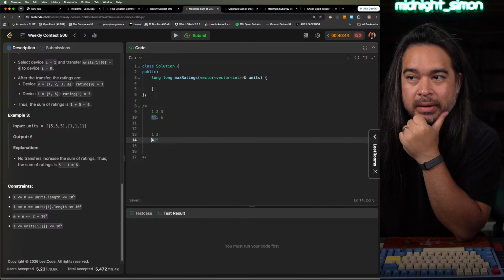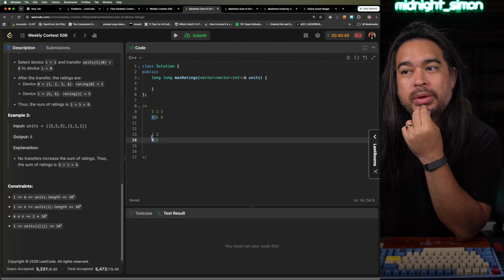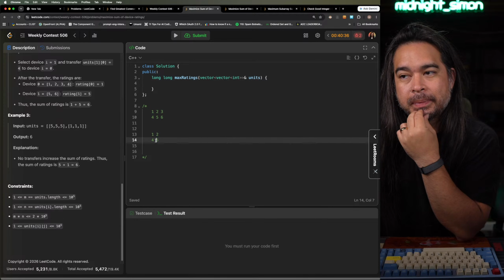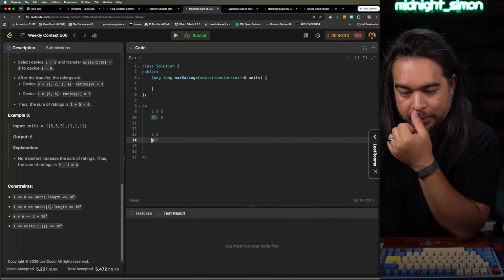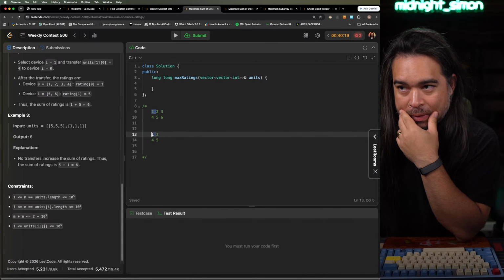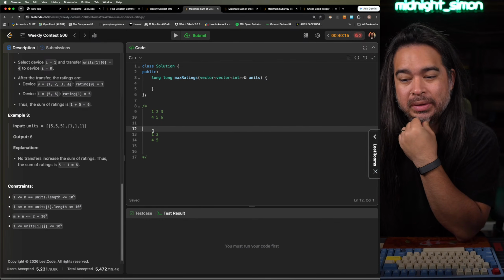It's like we only remove something if the next lowest number is, well, I remove it if there's a number lower than it.